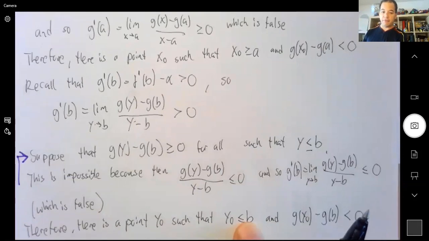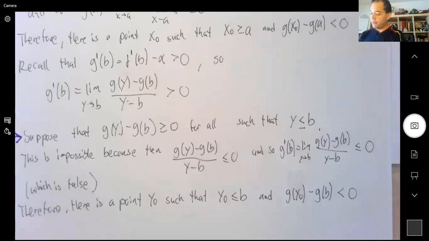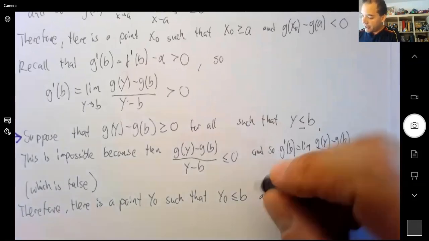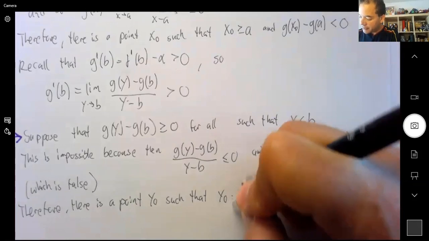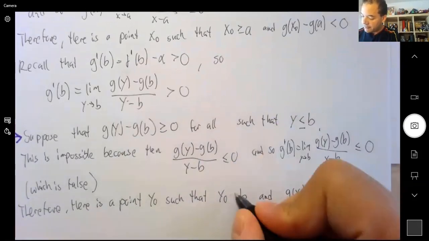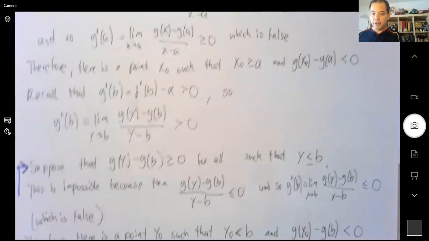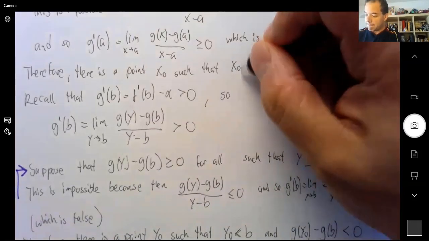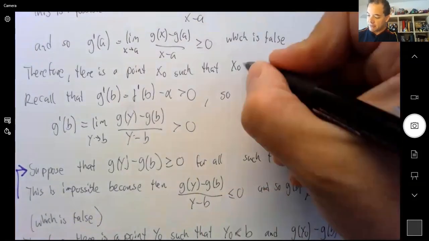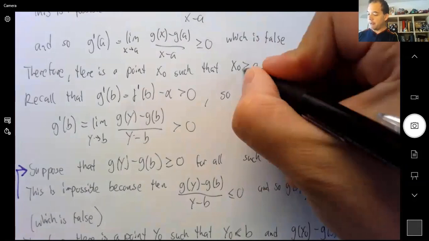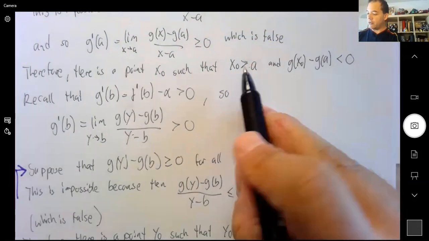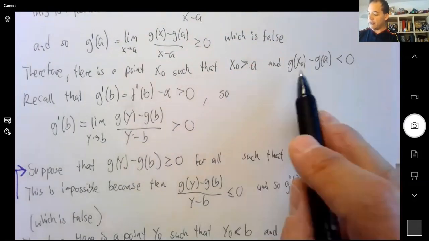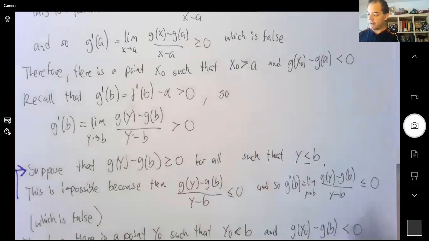I didn't say that before for the other case, but if y0 is b, then this would be 0, right? So we can actually put strict inequality here, and so can this one over here. They can both be strict, because if x0 equals a, then this would be 0, and it cannot be 0. So therefore this happens.